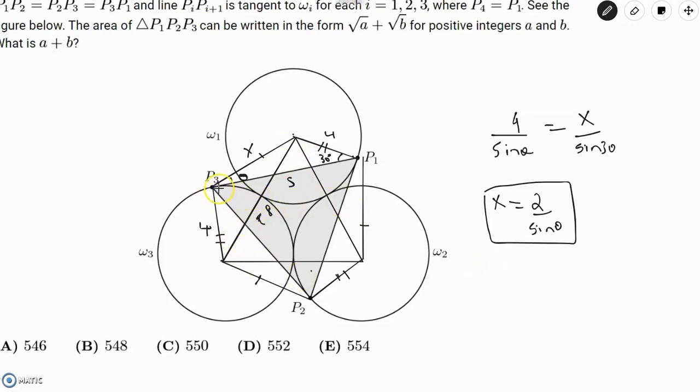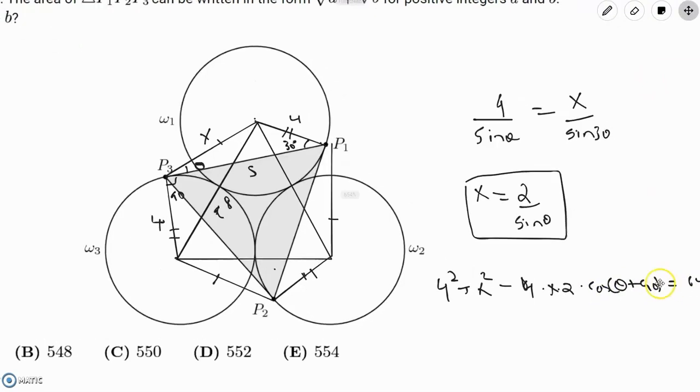So now we can use law of cosines on this triangle, because we know that this angle is theta and this angle is 90. So we have that 4 squared plus x squared minus 2 times 4 times x times cosine of theta plus 90 is equal to 8 squared, which is 64.